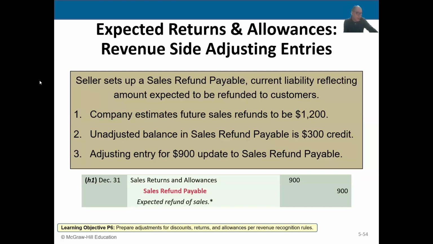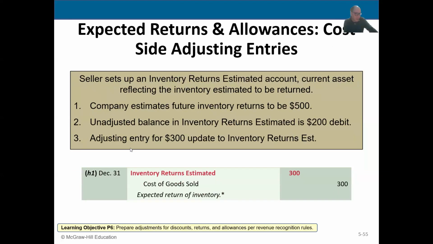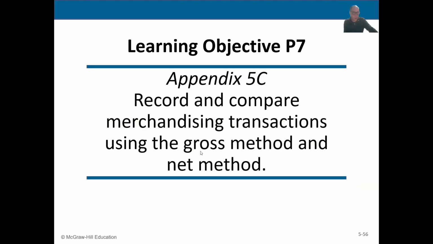Oftentimes it never gets paid out, or the balance might be different, so we just make an adjusting entry based off of the actual. So debit inventory returns estimated, credit cost of goods sold. Again, the concept of estimating. Not every company does this, but some do. It's usually a percentage is how it's expressed.